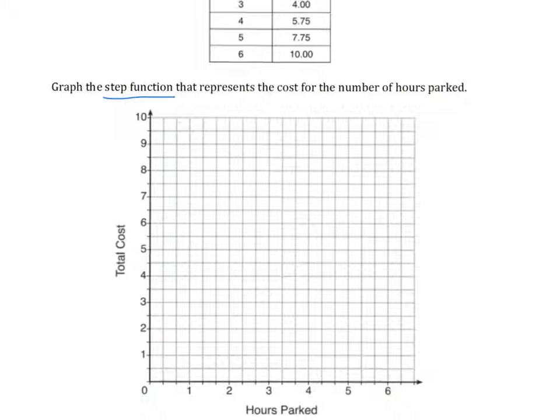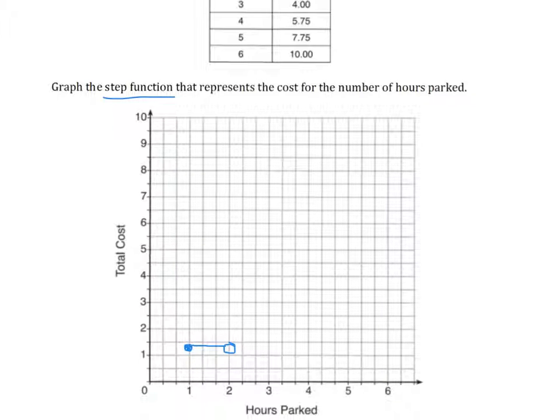Okay, so from 1 to 2 hours, we're going to pay $1.25. So that's about this area right here. And then we're going to go all the way out to 2 with an open dot and a line.